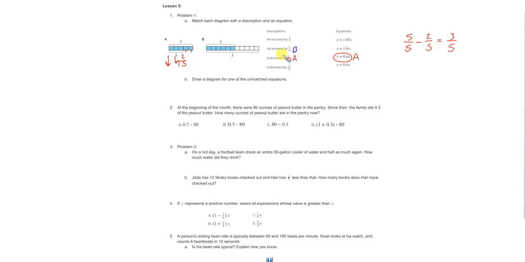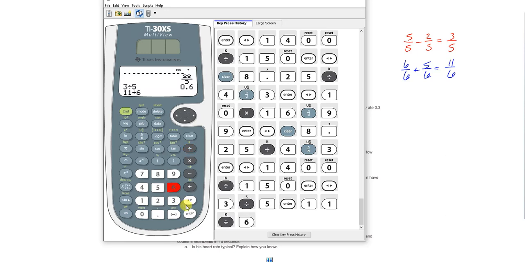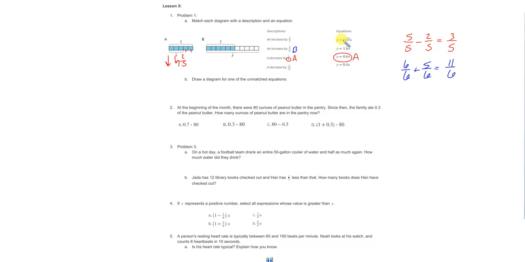Increase by 5/6. So if you take a whole 6/6 and you increase it by 5/6, you end up with 11/6. So we're looking for an equation here that is 11/6. Same as we did before, if we don't know the decimal of that, we can find it with division. And that's 1.83 repeating, which matches this one right here.